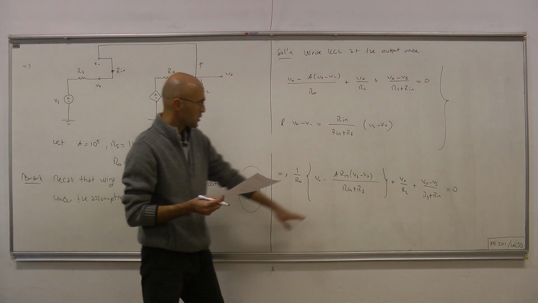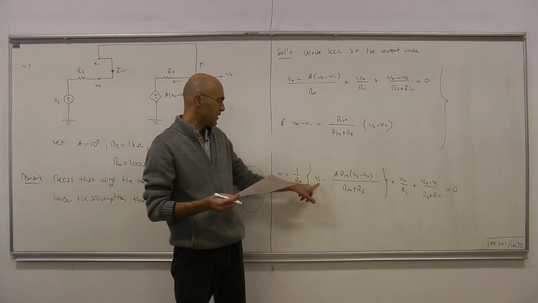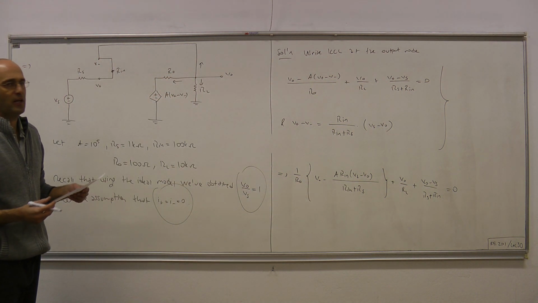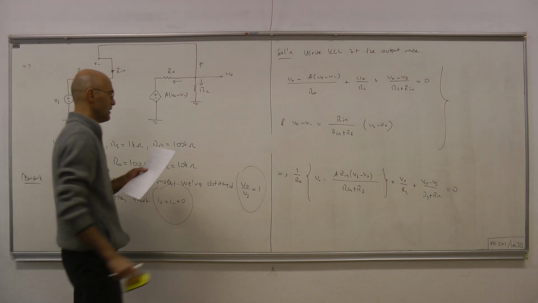From this expression, which is only in terms of V out and Vs, we can obtain the ratio of V out to Vs. Let's do that.